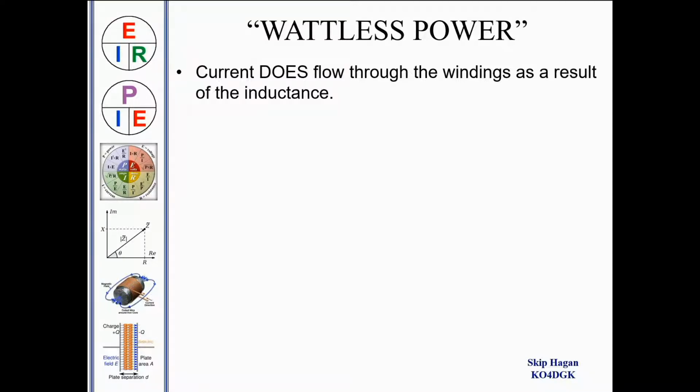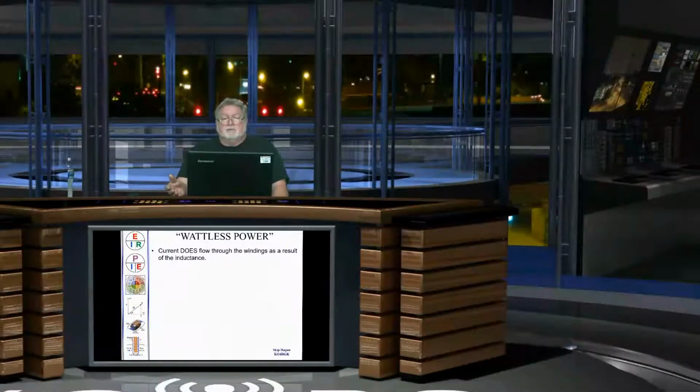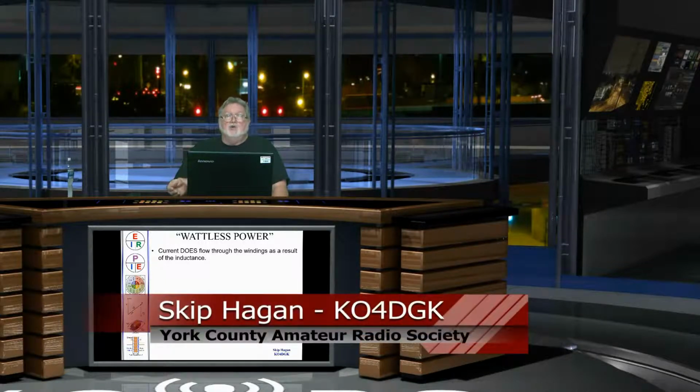So the thing is that even though it does no work, current does flow as a result of reactance. So we have current going out on one half cycle and coming back in on the other half. Actually, it's quarter cycles as we saw before.